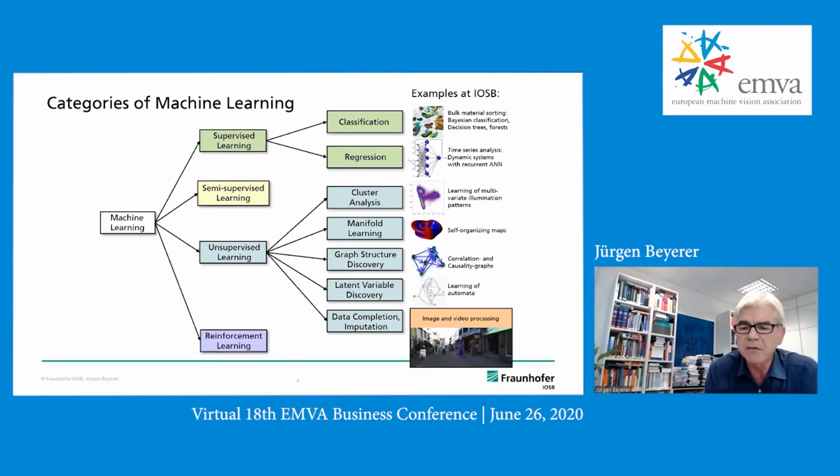And in all these fields, the Fraunhofer IOSB conducts research with respect to certain applications, for example, classification in the case of bulk material sorting, or last, image and video processing. We will have some examples for it later on.